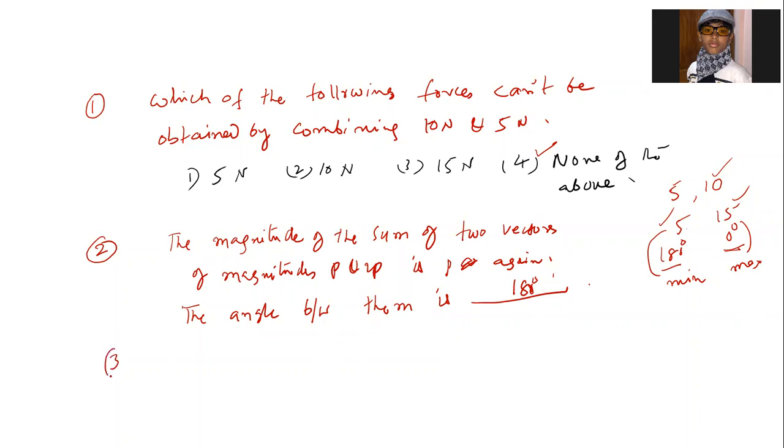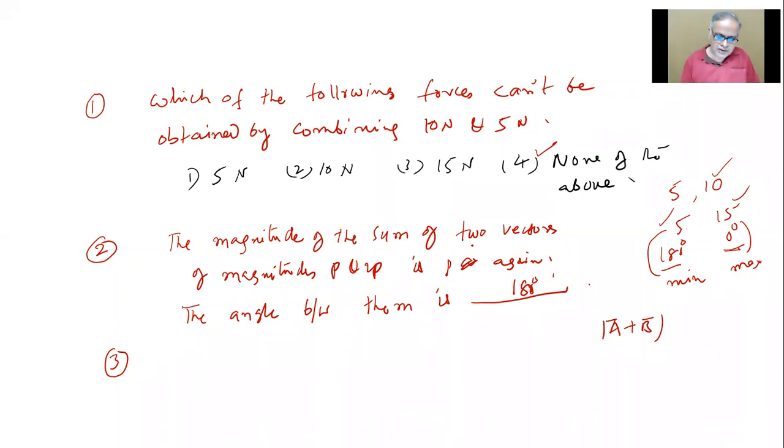Sir, what is it, sir? The magnitude of the sum of two vectors. The magnitude of the sum of two vectors means mod of A plus B, right? Here, P and 2P. Takshil, you have been there for the vectors from the beginning, no?